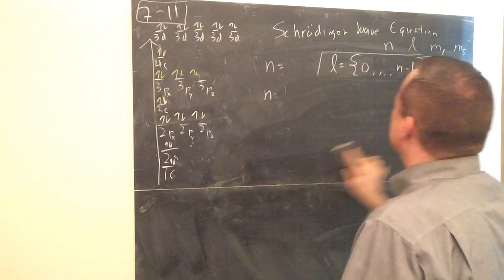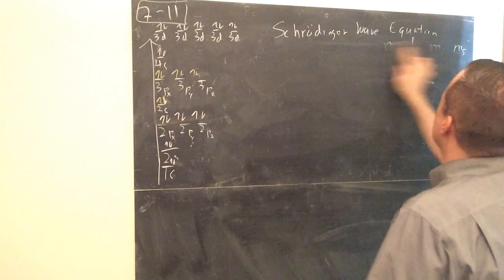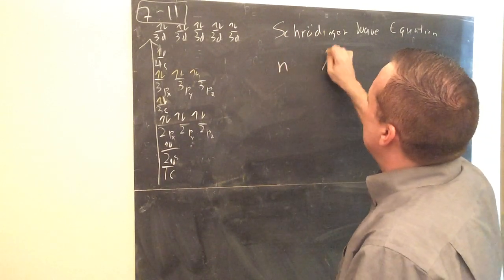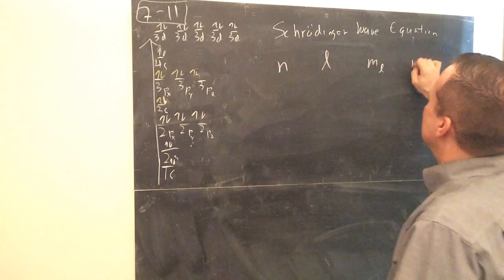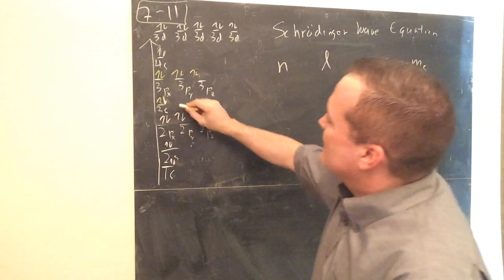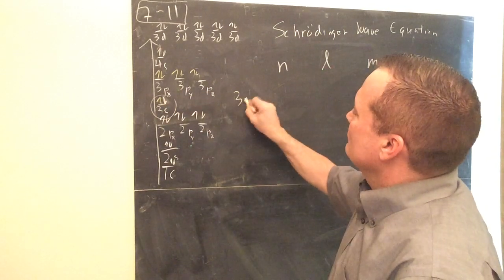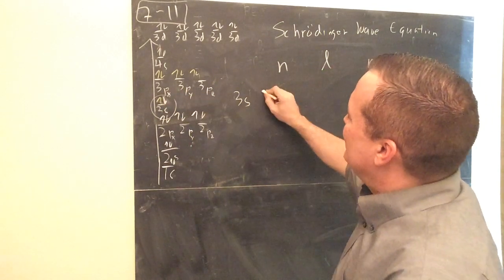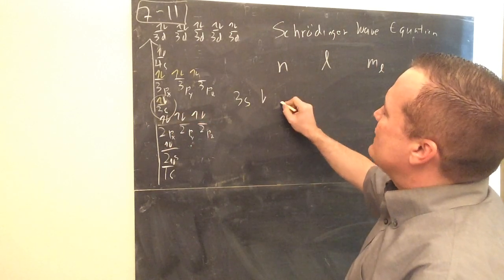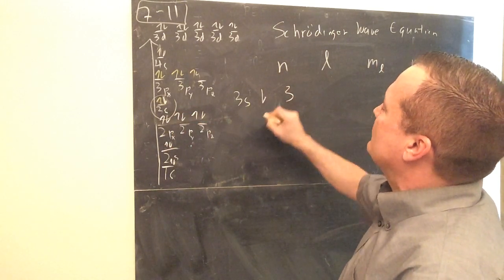But I'll show you quickly a little bit of it, and I'll talk about what it means. The address consists of N, L, something called ML, and MS. Like if I have an electron in the 3S, and I want the down electron. Well, the N value tells what floor of the hotel: it's on floor number 3.